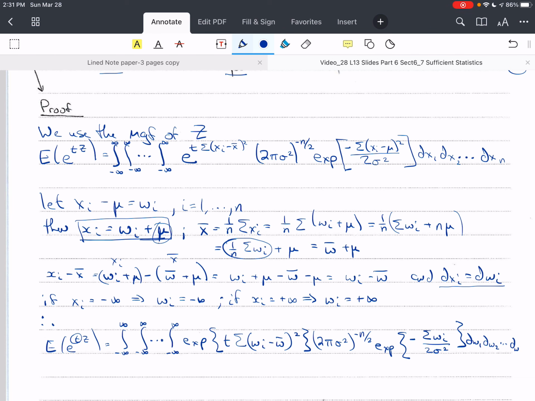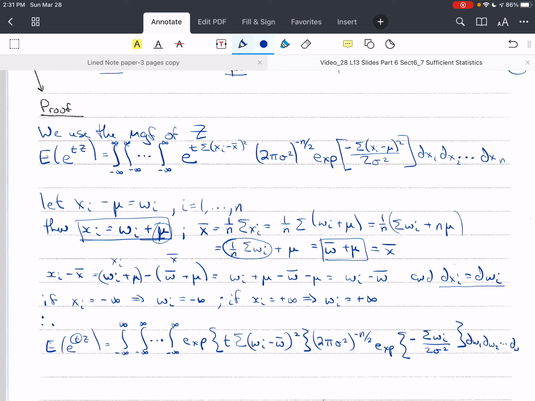So I have this quantity here. I have w bar plus mu. That is equal to x bar. This is equal to x bar, okay? And xi minus x bar.